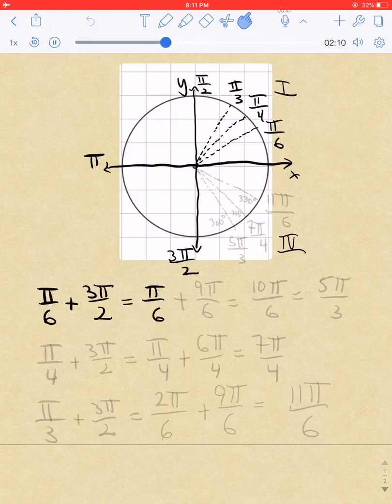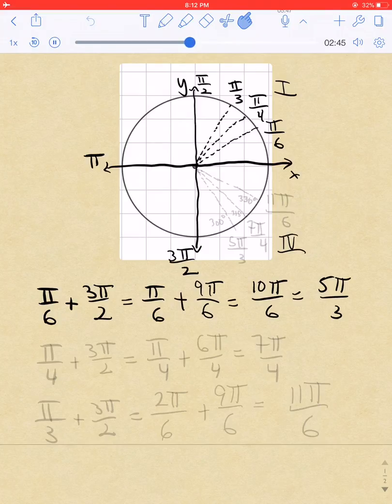Pi over 6 doesn't have to be converted, but 3 pi over 2 we convert into sixths by multiplying the numerator and denominator by 3, giving us 9 pi over 6. Now they have the same denominator. We can add them and we get 10 pi over 6, which can be further simplified into 5 pi over 3. That is going to be our first angle in quadrant 4, right?